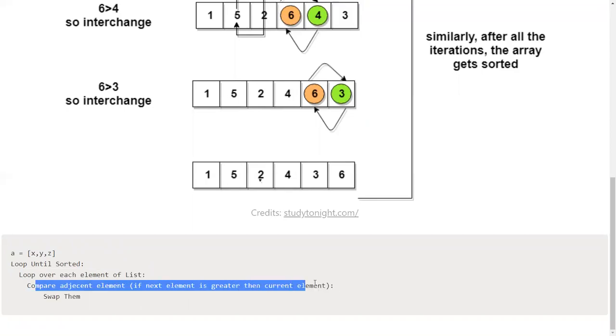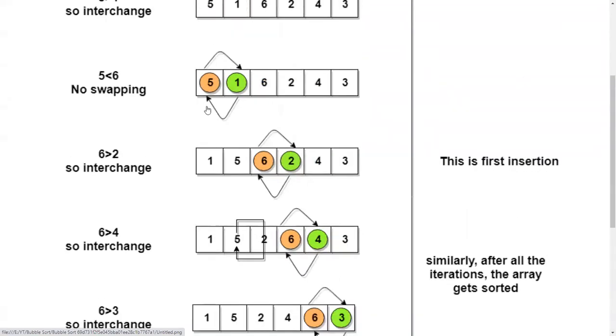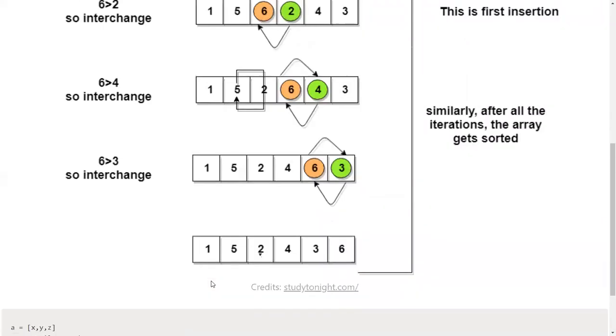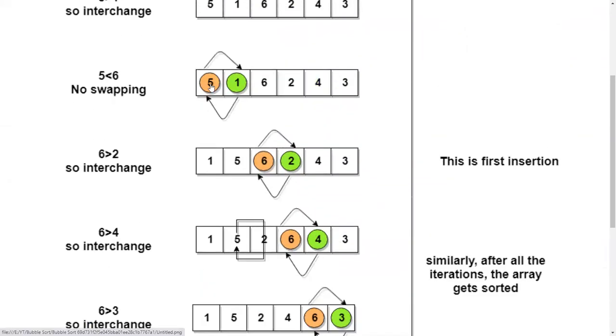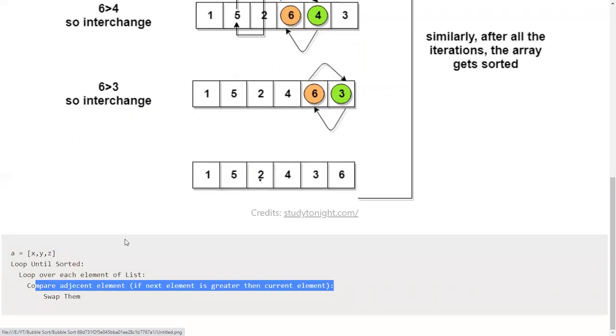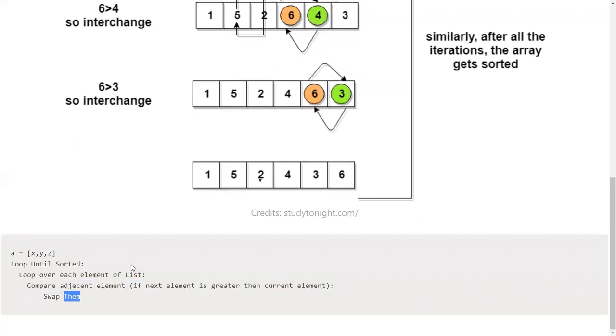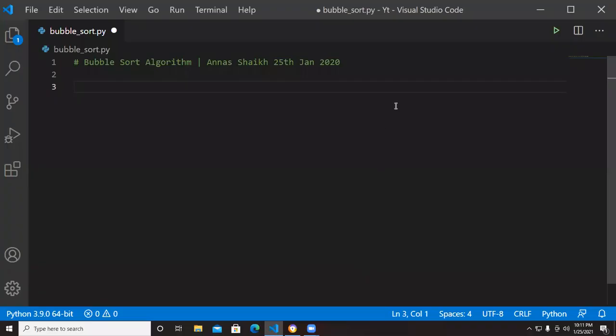Then we will compare the adjacent elements. If the next element is smaller than the current element, this is for the descending one, we will swap them. So let's go to Visual Basics and then code our concept.